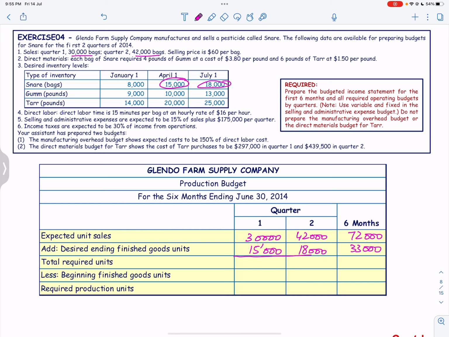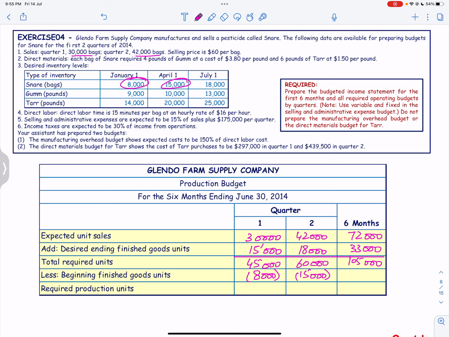So we make a total, and the total will be 45,000, 60,000 and 105,000. From this we are going to subtract the beginning finished goods, and the beginning finished goods for quarter 1 is 8,000. We are going to subtract this, and second quarter will be 15,000.